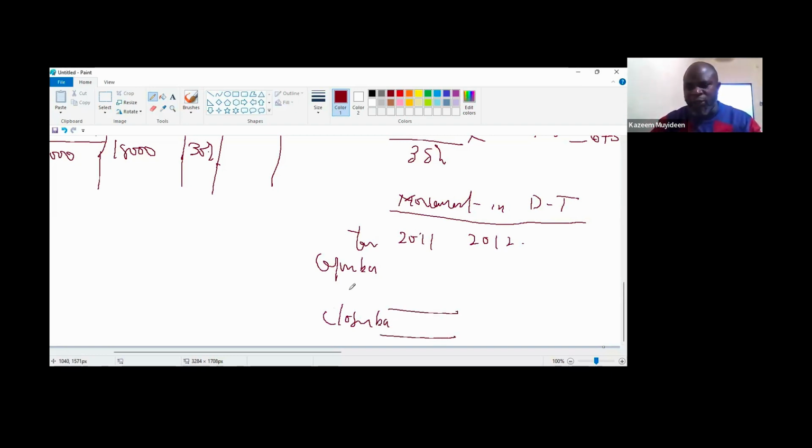Opening balance in 2011. What do we close with? 4,725 charge. Closing balance of year one is 4,725. We now go from 2011 to 2012. Then what do we close with in 2012? Let's go and check.